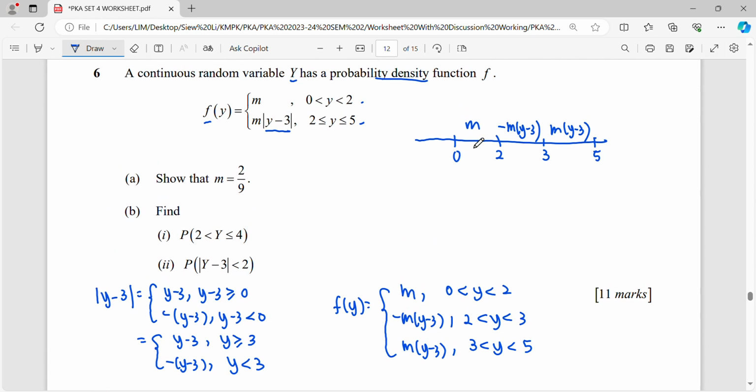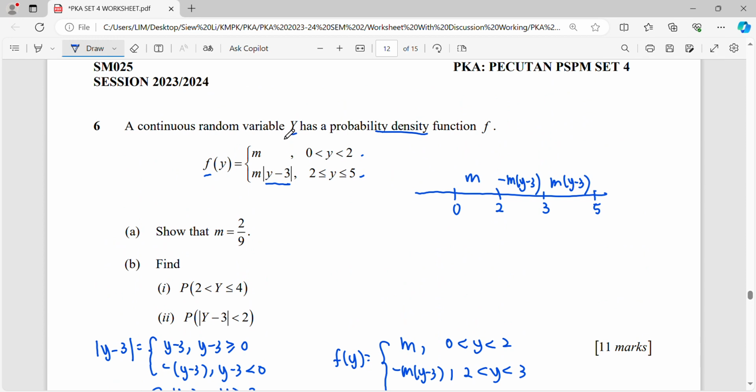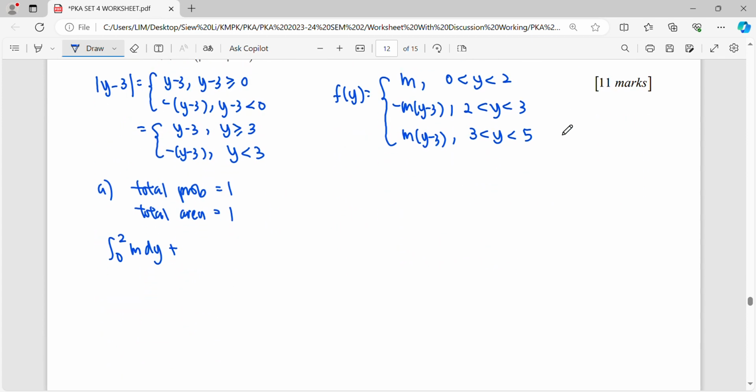So we have 3 regions in finding this area, starting from integrating 0 to 2 for m with respect to y. Here it is continuous random variable y, so we integrate with respect to y. Then continue with 2 to 3 for negative m dy, then plus 3 to 5 for the positive function. Then their area has to equal 1.